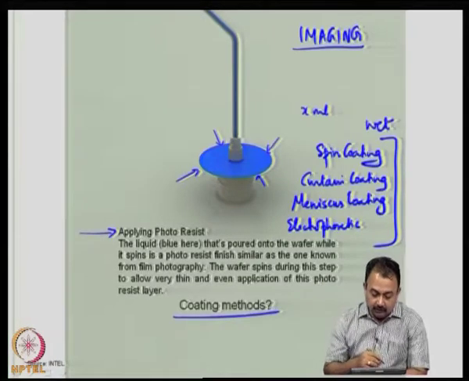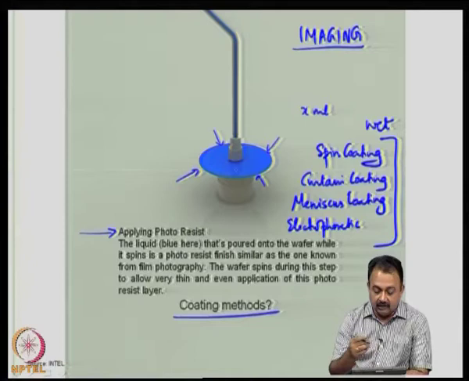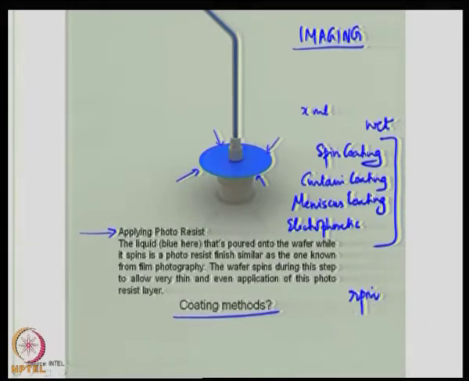Typically, as I said, when a material is poured onto the wafer and it is spun around at a specific RPM, it depends on the viscosity of the material that you are using. Accordingly, you will get a very thin and uniform application of the photoresist material on the surface.